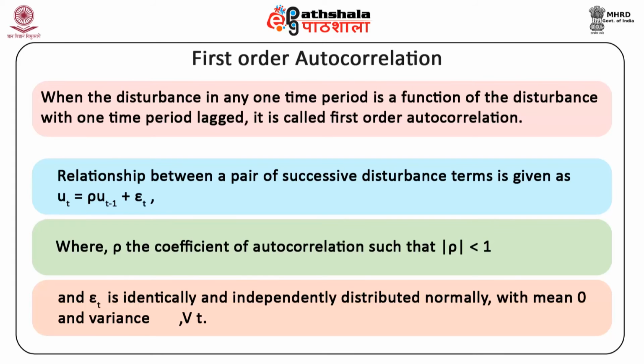This above process is also called first order autoregressive process or AR(1) process, and this series of u_t is also known as the white noise series with zero mean.